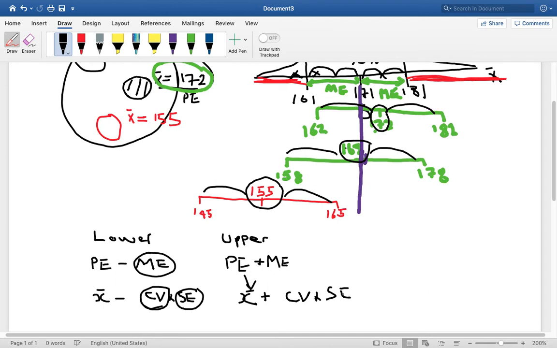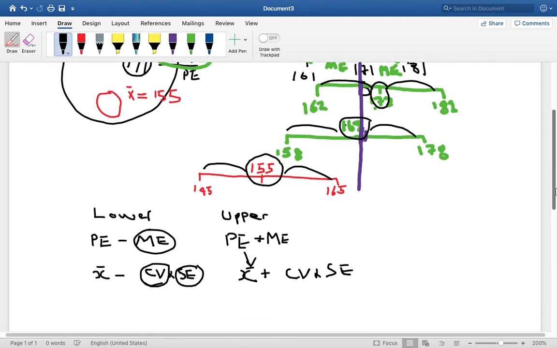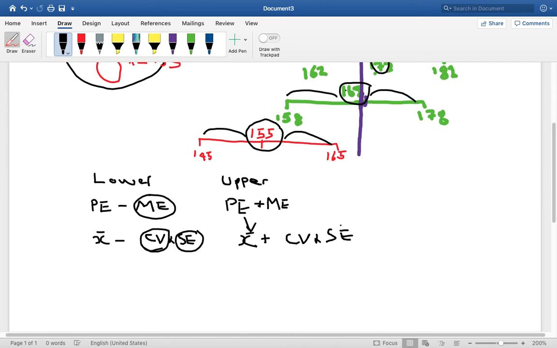Now, let me take a specific case. Specifically, if we're dealing with a normal distribution, the critical value will actually be z of alpha over 2, and the standard error may be sigma over the square root of n.